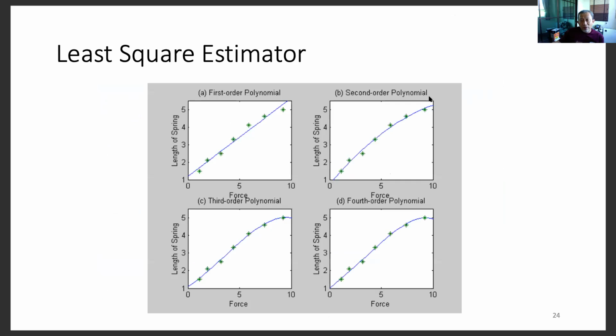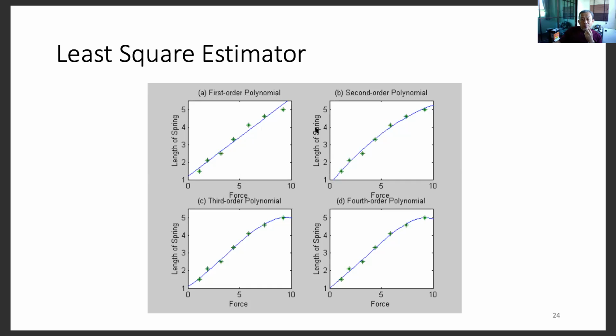This is the visualization of the polynomial estimations. First order polynomial for the spring. You can see that the 7th data is replaced by the green point, and the blue one is the least square estimator for first order. So A is not acceptable.